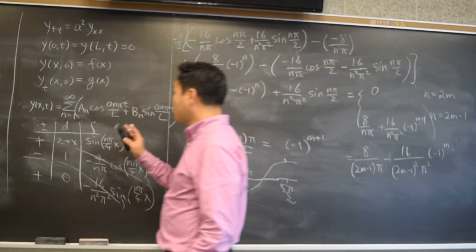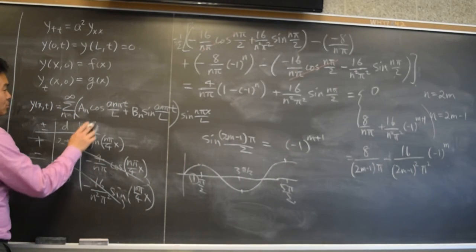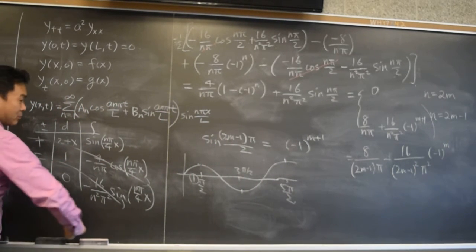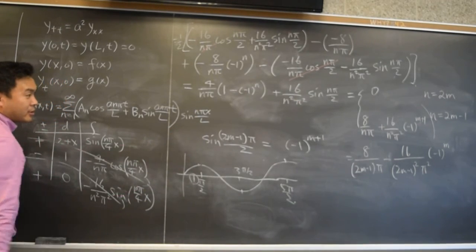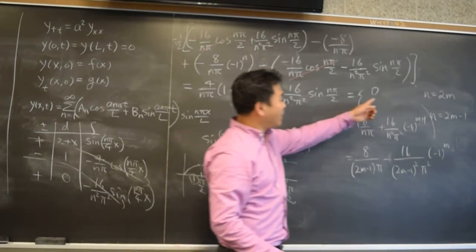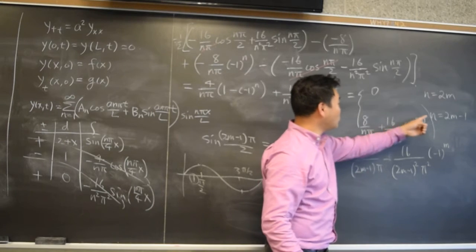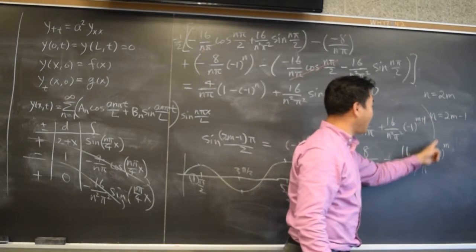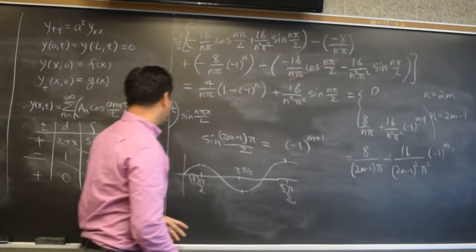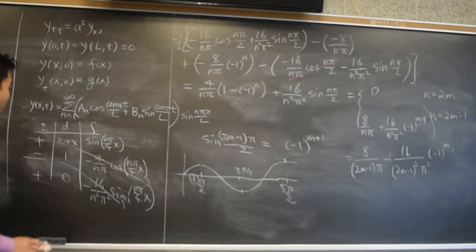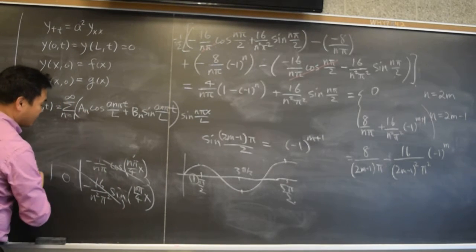And then all that remains is to use this formula now. That's your an, right? An is 0 when n is 2m. An is this thing when n is 2m minus 1. So all you have to do now is to put it here.